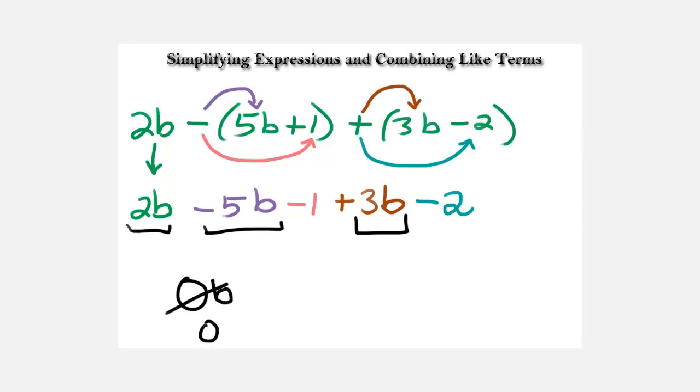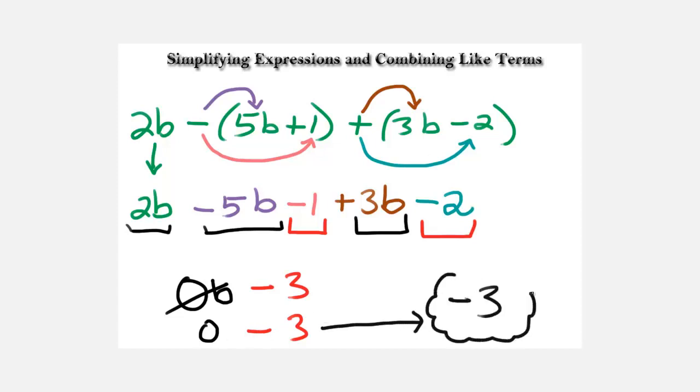Okay, now let's take a look at the numbers. So we have negative 1 here and a negative 2. So that just gives us negative 3. And bring that down. So this simplifies to 0 minus 3, which is just negative 3. And so we are done.